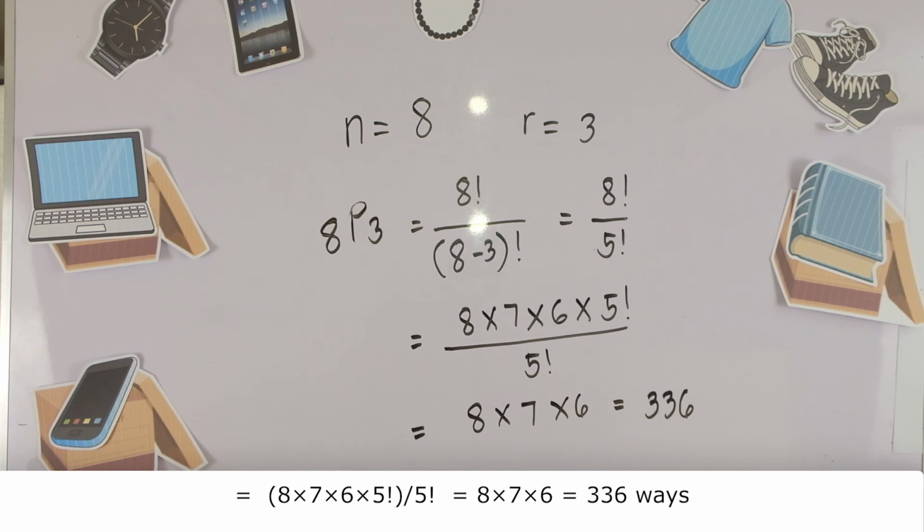So based on our given example, the 8 items that are going to be put inside the boxes, we can have 336 ways. And how are we going to arrange them?